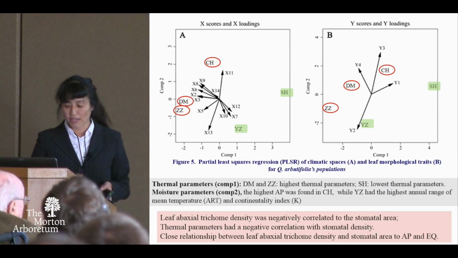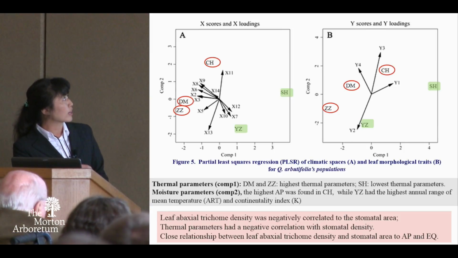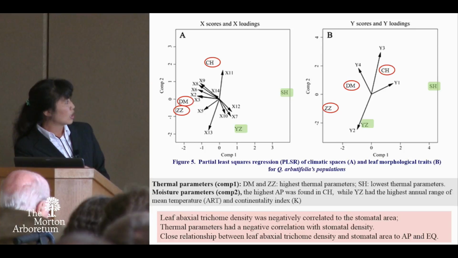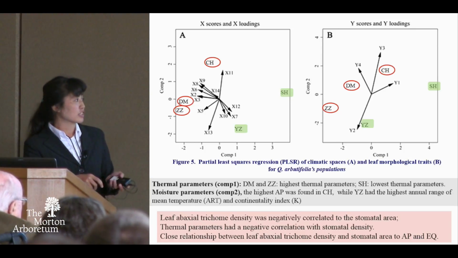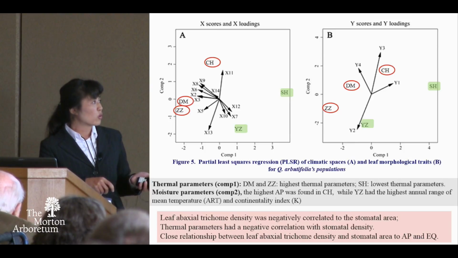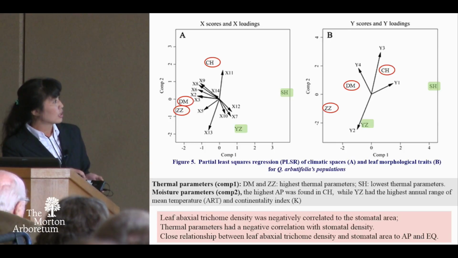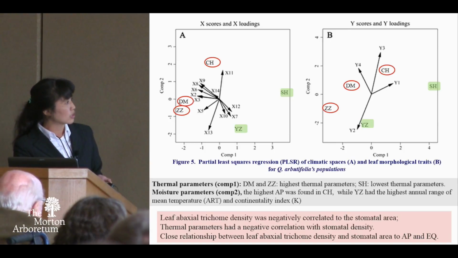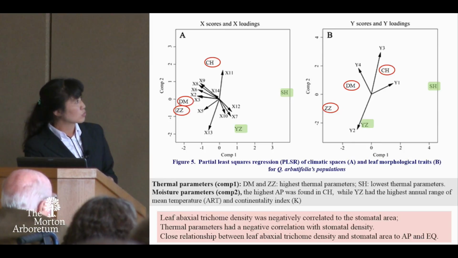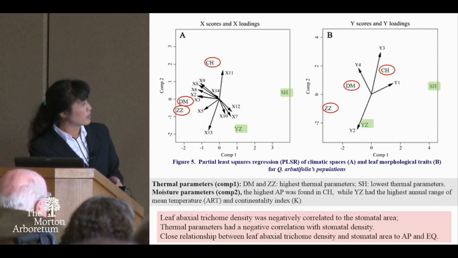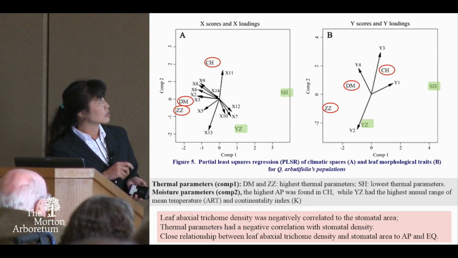We did some analysis using an R package, and we can see that for the temperature parameters, DM and ZZ populations have the highest values, and SH has the lowest temperatures and moisture. For moisture, the annual precipitation is highest in CH.